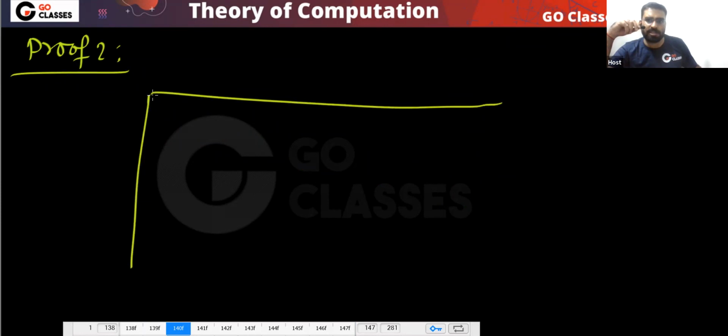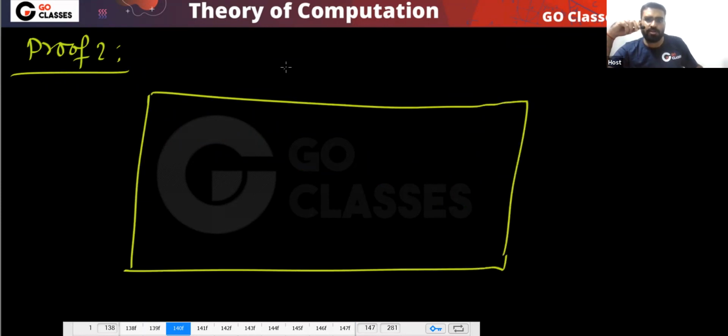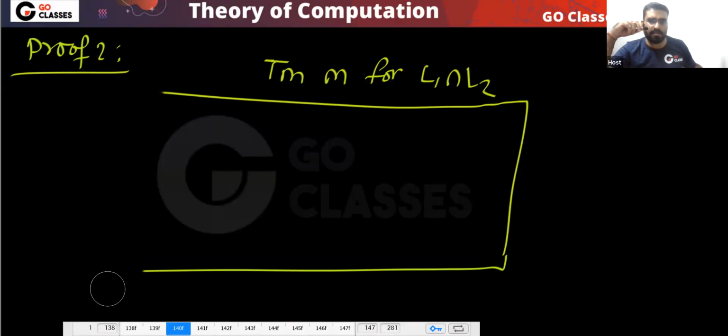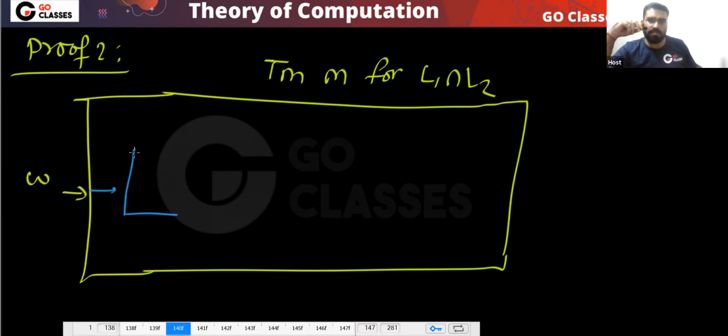If you are creating Turing machine M for L1 intersection L2, this method will also work. Which method? You give W to M1 first.